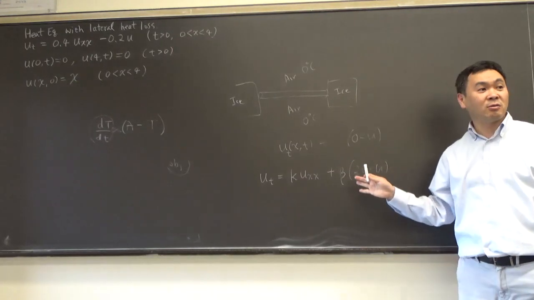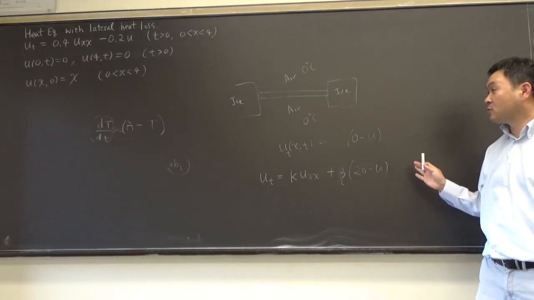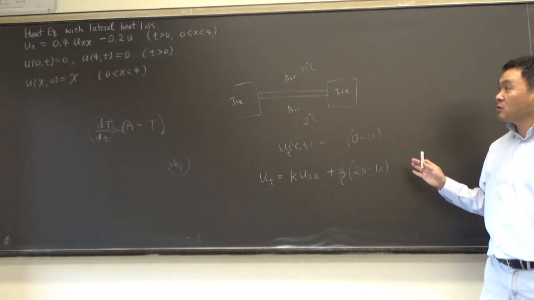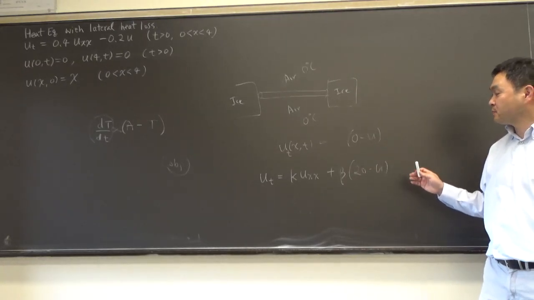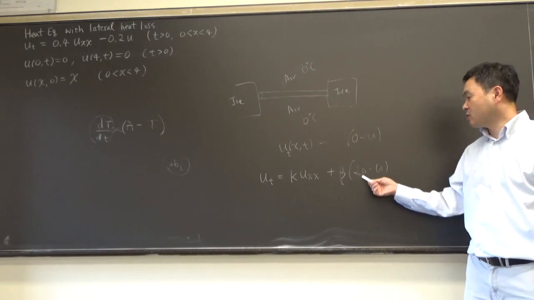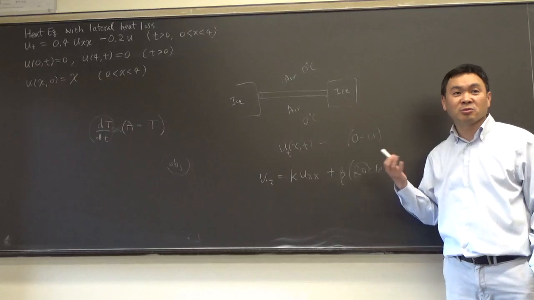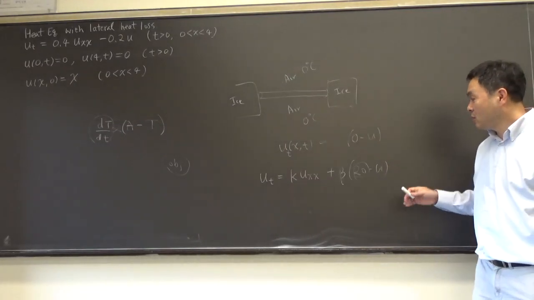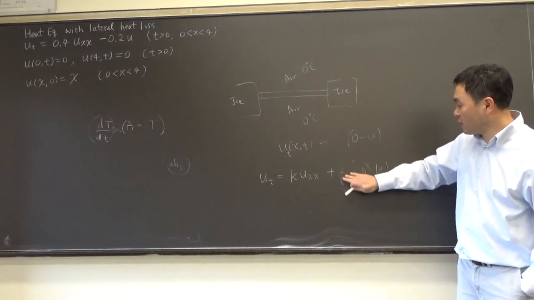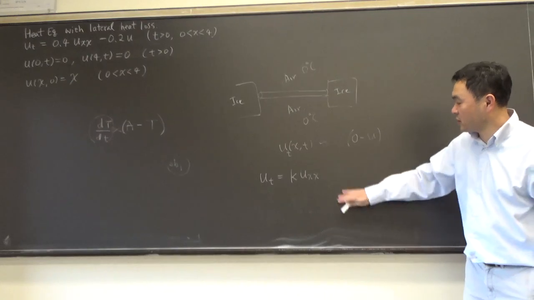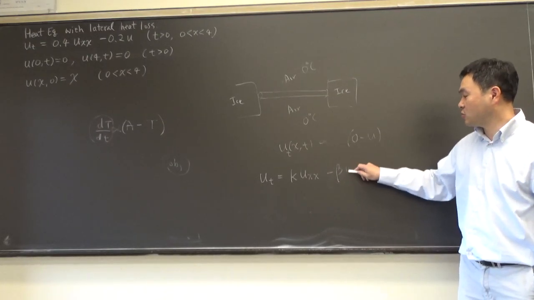That will be a more reasonable kind of differential equation. But if you do that, then it becomes really hard trying to deal with this. This requires something called eigenfunction expansion. So let's just do the easiest case where this is simply minus beta times u.